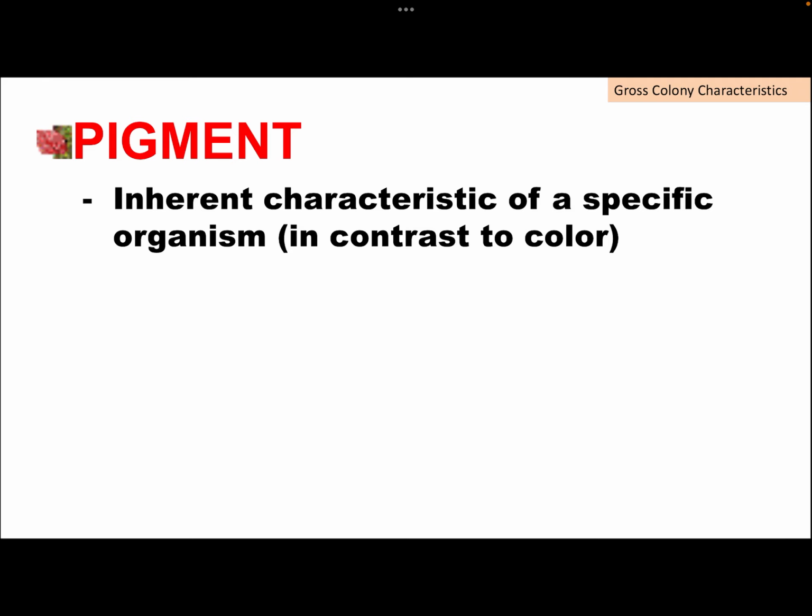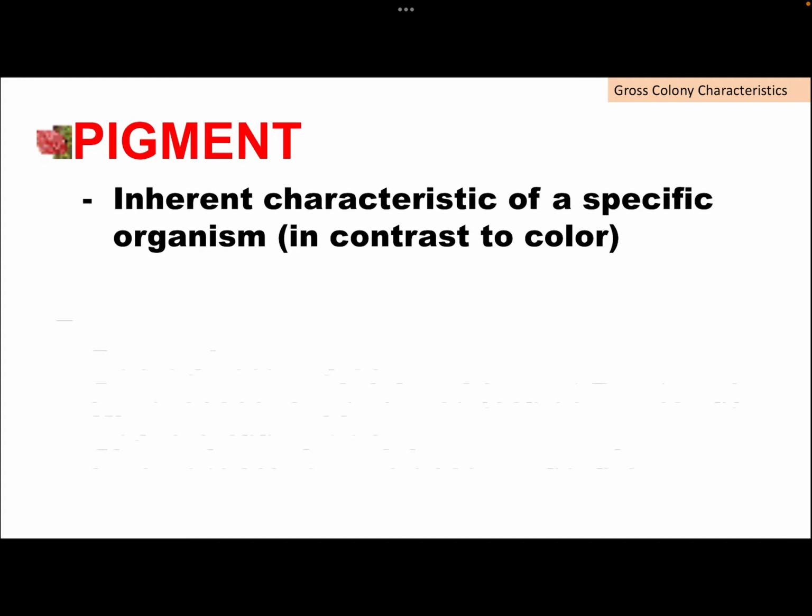For example, Serratia marcescens can be colorless on MacConkey agar if you incubate it at 37 degrees Celsius, because it is a non-lactose fermenter. If you incubate it further at room temperature, that is where you can observe the unique pigment production, and it becomes brick red.